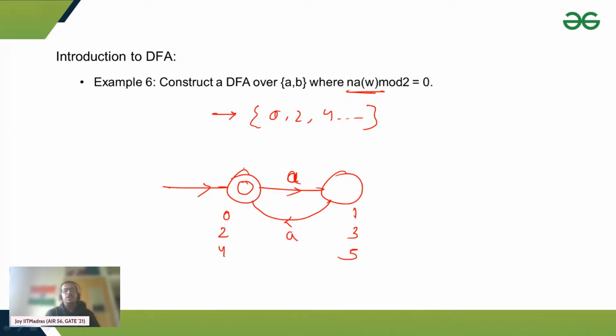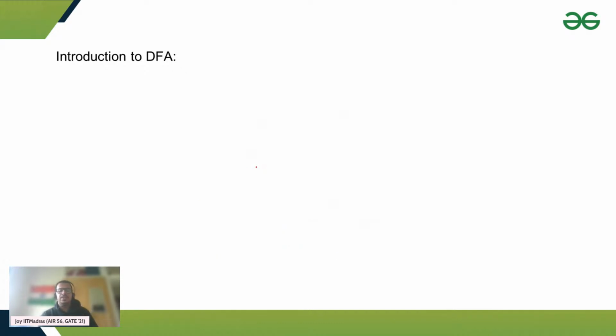And for B, what will be the case? For B, basically we won't change our state. Even if we get B, we'll stay in the same state. Right. Now let's take another example.